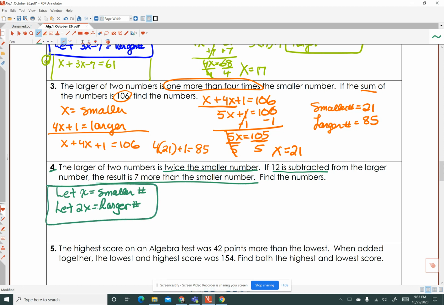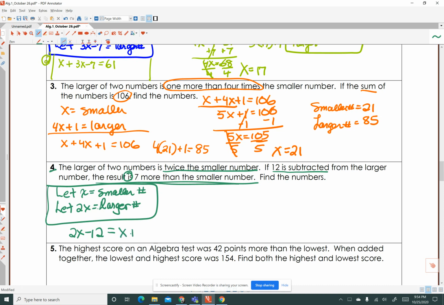Let's be really careful when we write this equation, because we are told if 12 is subtracted from the larger number, so that means 2x minus 12, and that's our equal sign, 7 more than the smaller number.